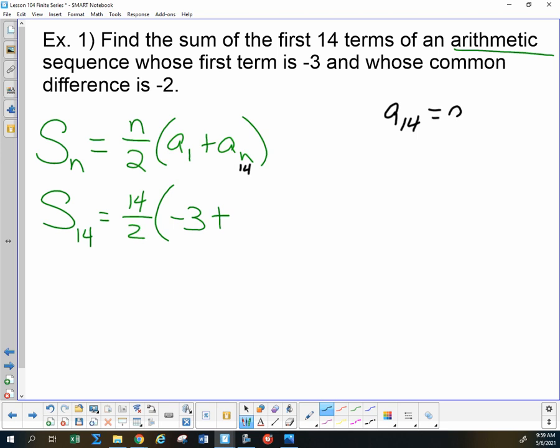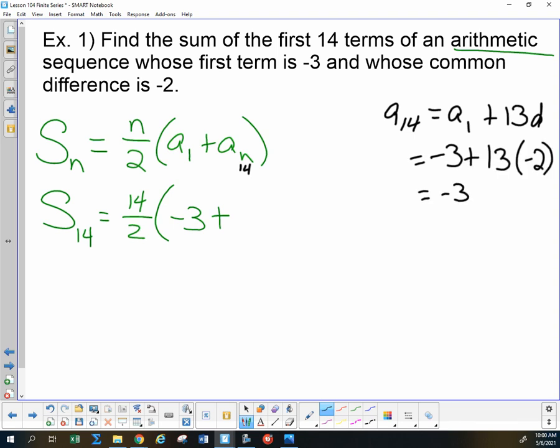To do that, we're going to take the first term, and help me remember how that goes. Kate, what do I do with the first term to get the 14th term if it's arithmetic? You add the common difference times 13. So we need to add 13 times d. Exactly right, thank you. So we know the first term is -3, and we know the common difference is -2.